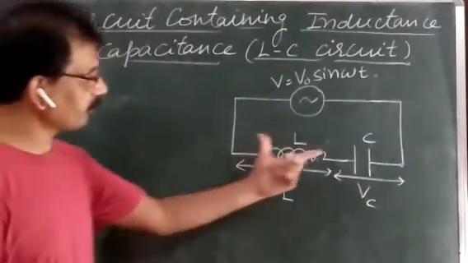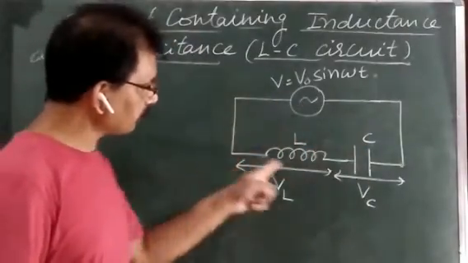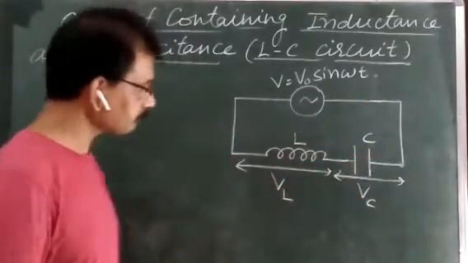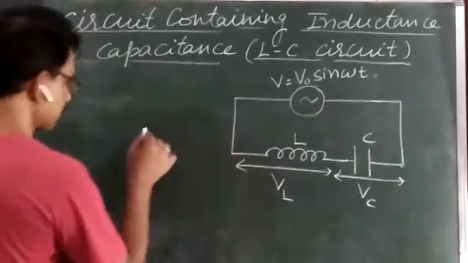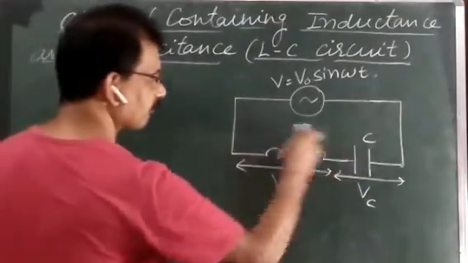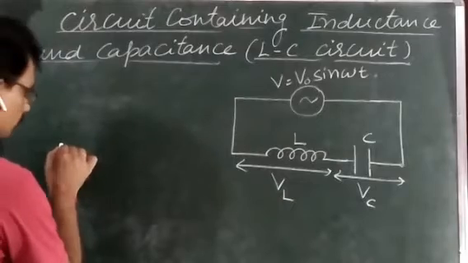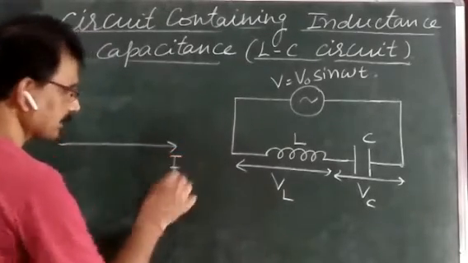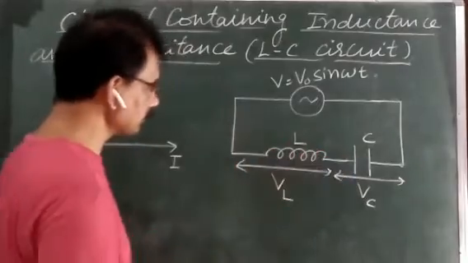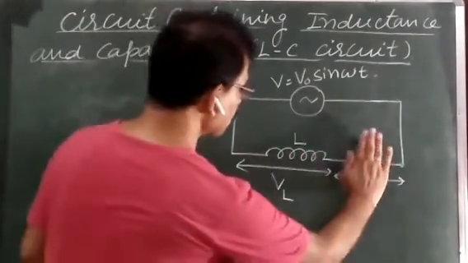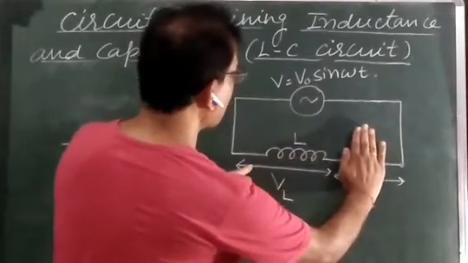So when you draw the phasor diagram, since in the series circuit the current in both is the same, let I be the current. First you draw the current I. Suppose there is only an inductor, no capacitor.